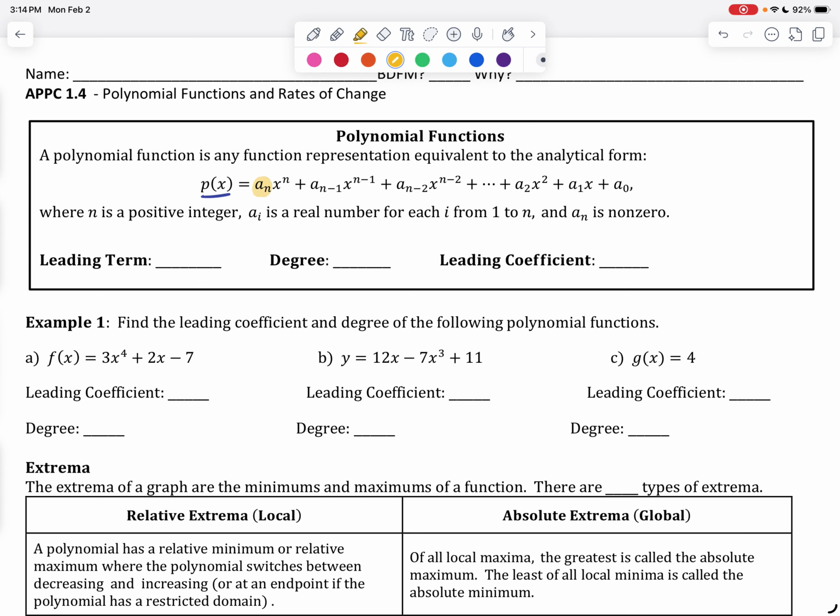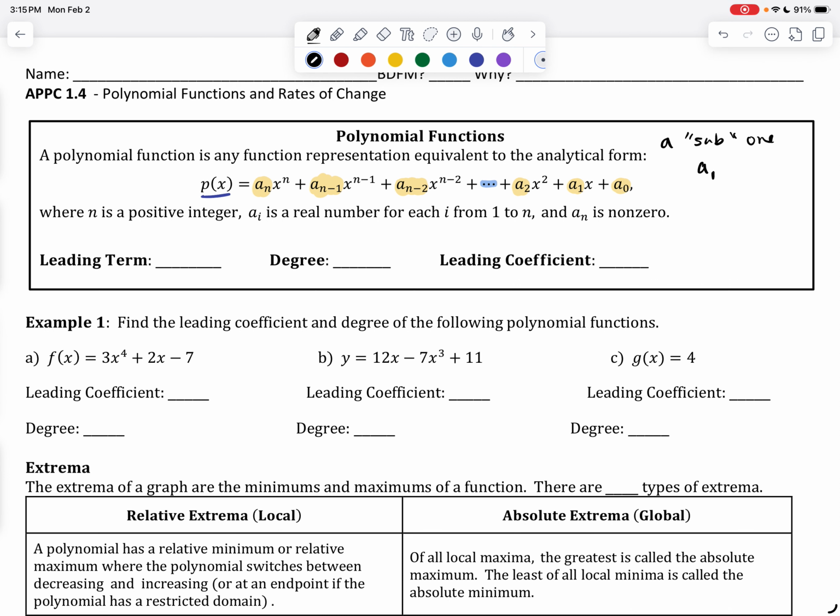We have coefficients, a sub n minus 1, a sub n minus 2, a dot to symbolize we keep following the pattern previously established until we get down to the point where we have a sub 2, a sub 1, a sub 0, and you hear me saying a sub 1, that is a subscript the unit 1.